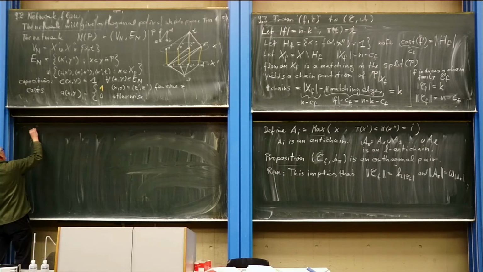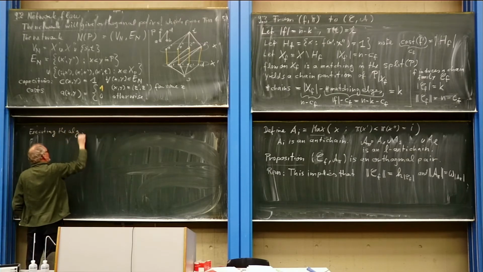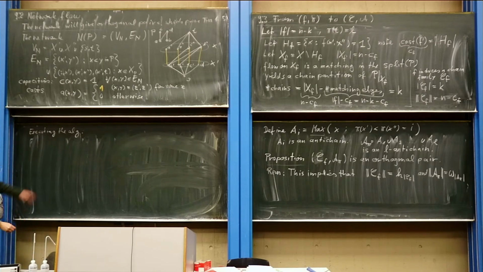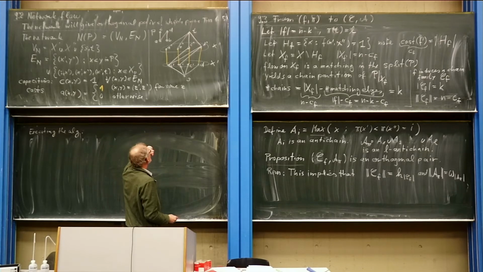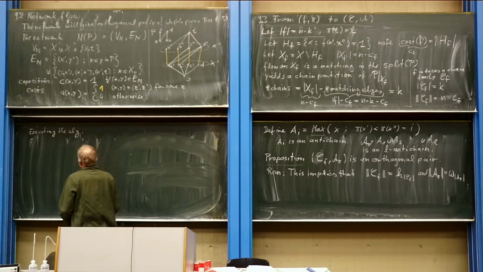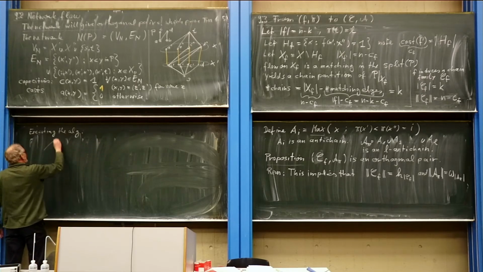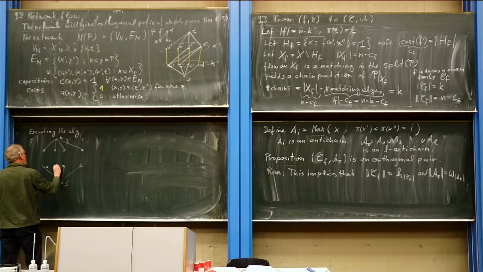So executing the algorithm. The network is still there. We are going to run it on this particular example. S, T, A, B, C, D.